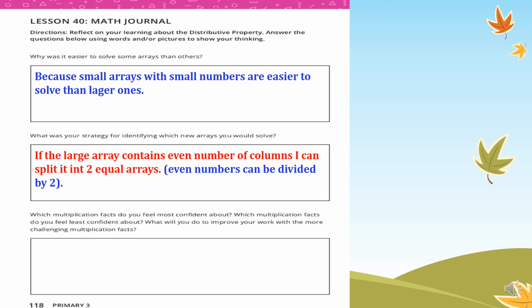But if I have a large array of 9, I can't cut it into equal numbers. 9 can't be divided by 2. So I can't find two equal numbers that, if I added them, will give me 9. So even numbers can be divided by 2. So if the large array contains an even number of columns, I can split it into two equal arrays.